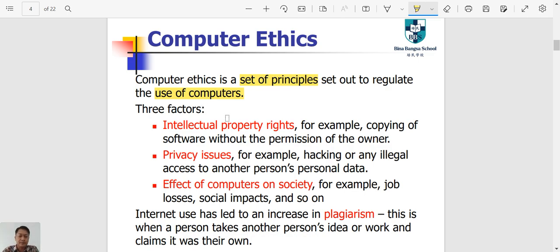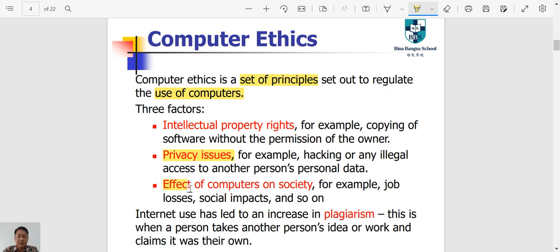We look into the intellectual property rights. Example, copying of software without permission of the owner. We're going to look also into some privacy issues. Hacking. We just did the discussion here about data security and data integrity. Hacking is illegal access to another person's personal data.